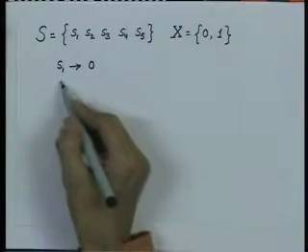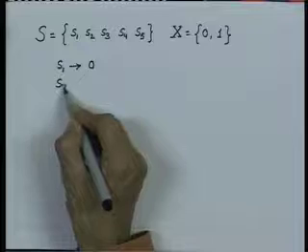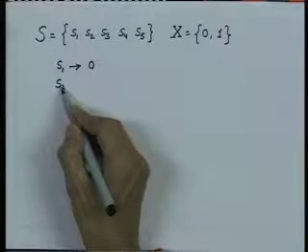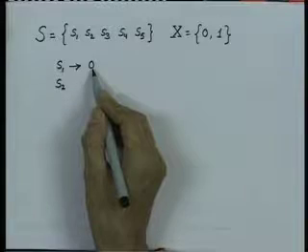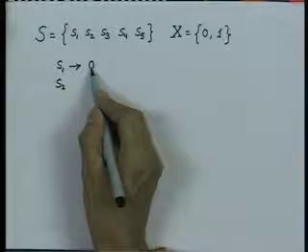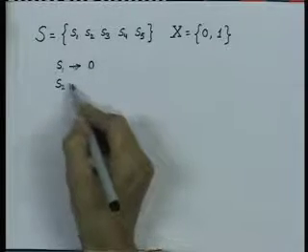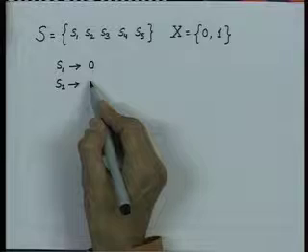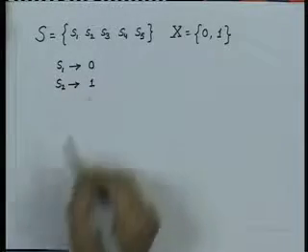Now, for the code word which is to be assigned to S2, I cannot start with 0 because that will violate the condition for the instantaneous code. So, the only alternative left for me is to start with 1.